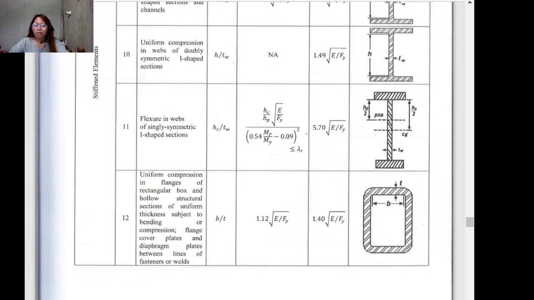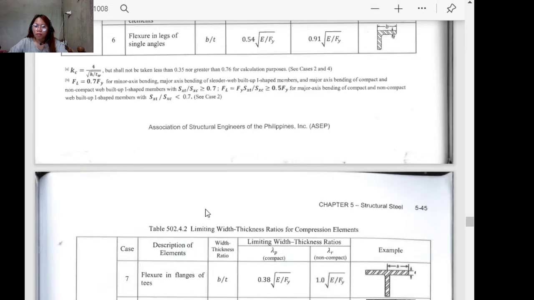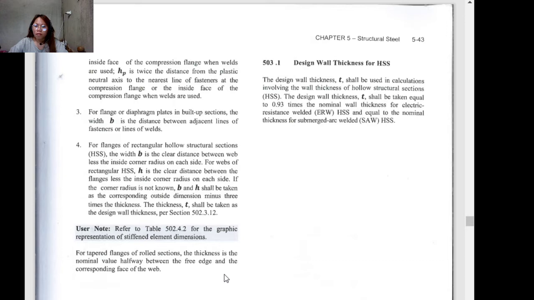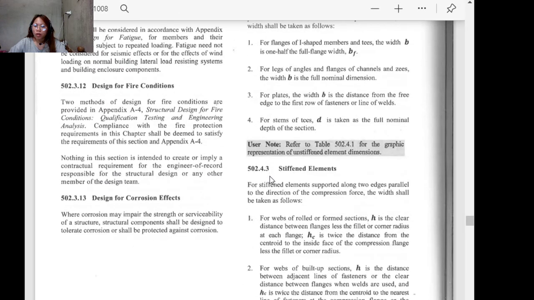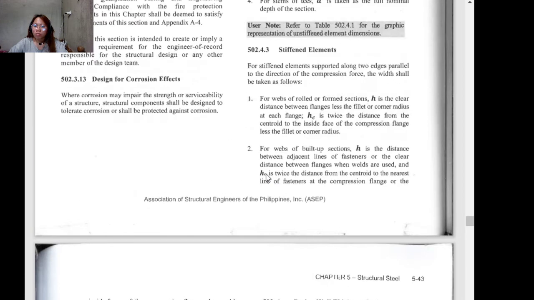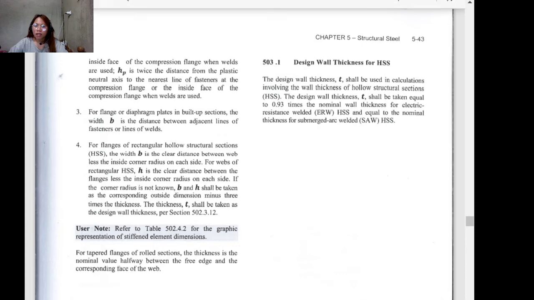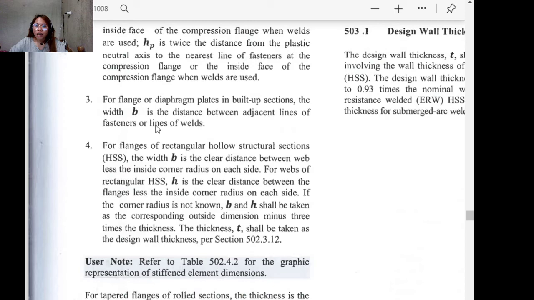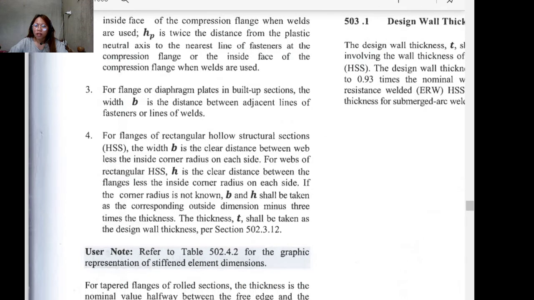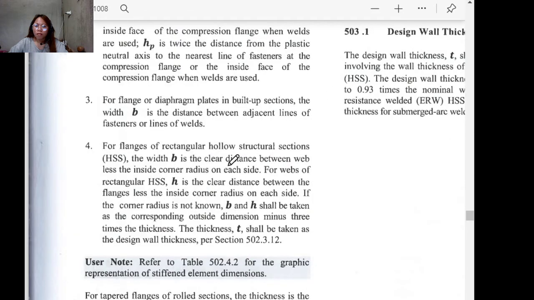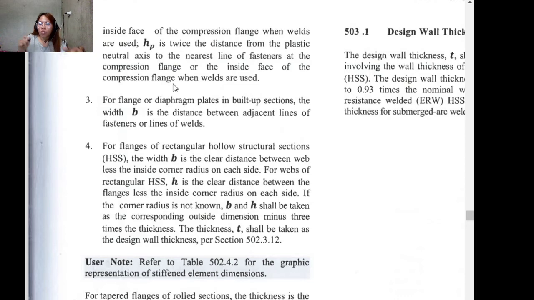Let us look at 502.4.2, stiffened elements, item 4. For flanges of rectangular hollow structural sections, HSS, the width b is the clear distance between the webs less the inside corner radius, right? The HSS is rounded, like a fillet at each corner, so we have what is called a corner radius.